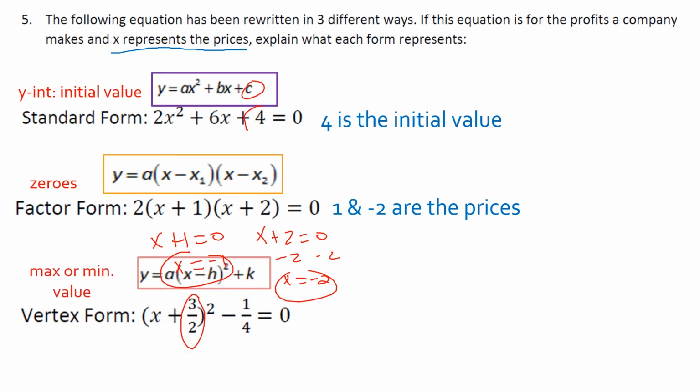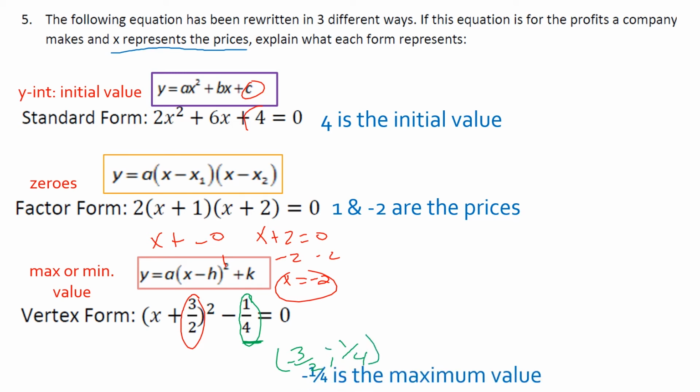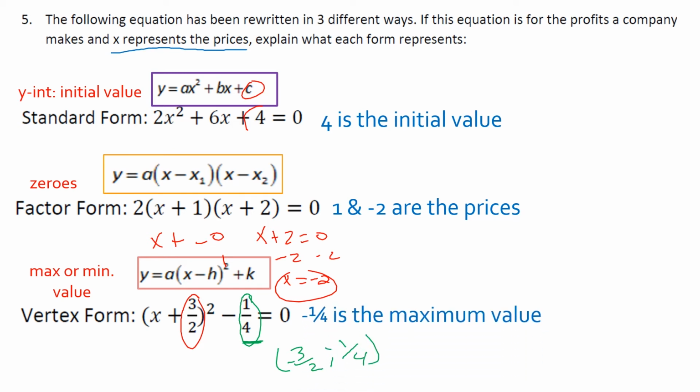And this is vertex form, just so you can see it here. And our vertex is h and k right here. And this gives us our max value, which is our y value here, since our vertex is -3, 2, it's going to be the opposite. And -1/4. 1/4 is the maximum value.